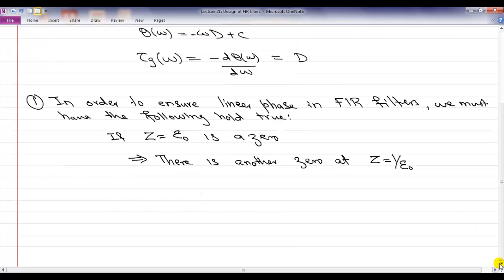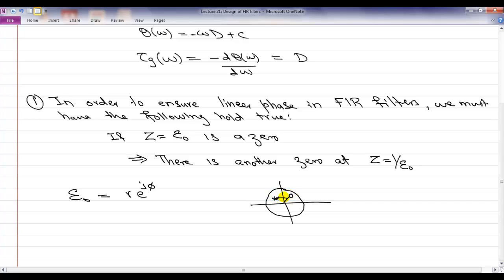So let's look at it in terms of the pole zero diagram. z naught, in most cases, will be a complex variable. So we'll write that as z naught equal to r times e to the j phi. So you have a zero at some location, and we'll do different cases, but let's say you have a zero at here.